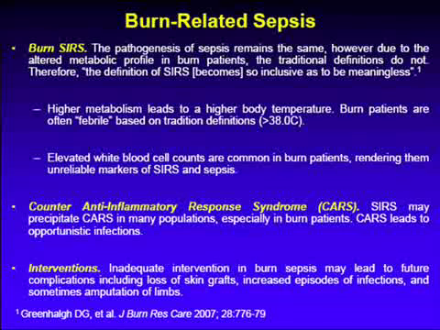In actuality, the American Burn Association sepsis guidelines stated that the traditional SIRS criteria become so inclusive as to be meaningless. And here are some examples. The higher metabolic rate of these burn patients leads to a higher body temperature. So their basal temperature is now reset at 38 degrees Celsius or a little bit higher.